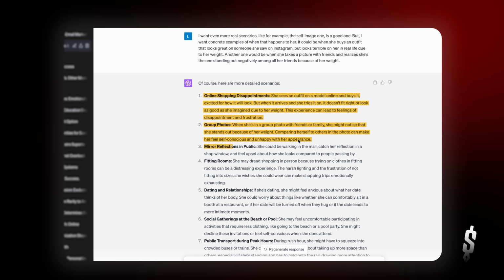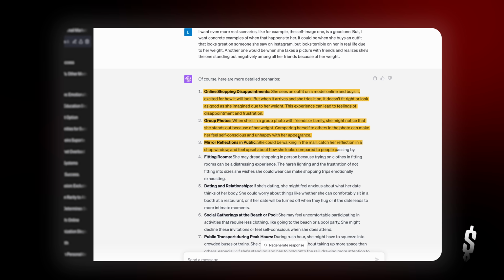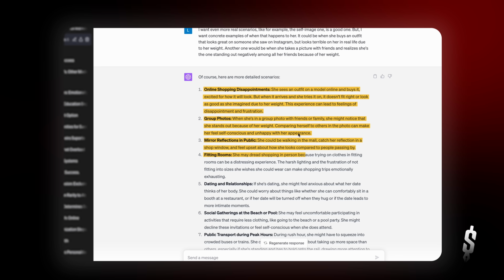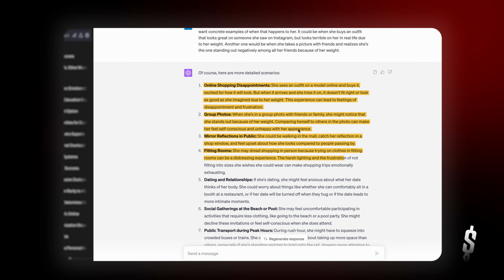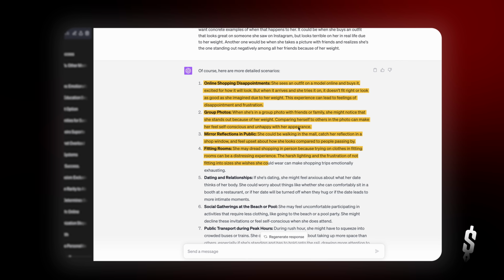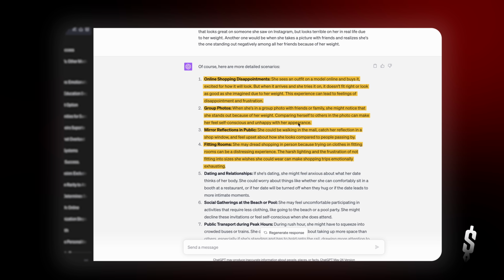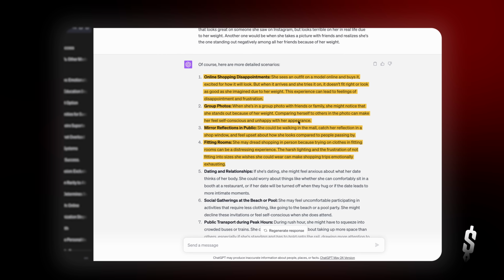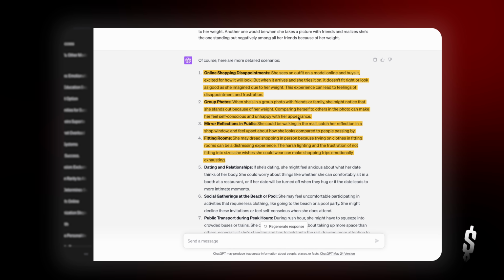Comparing herself to others in the photo can make her self-conscious and unhappy with her appearance. Mirror reflection in public. She could walk in public, see a reflection. Fitting rooms. She may dread shopping in person because trying on clothes in fitting rooms can be a distressing experience. The harsh lighting and the frustration of not fitting into sizes she wishes she could wear can make shopping trips emotionally exhausting.